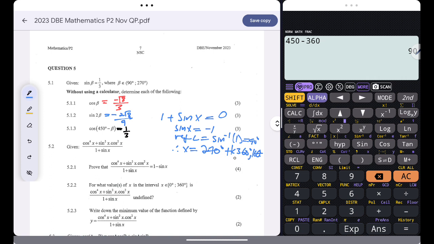That means I must substitute any integer values of k and then check whether it is within the restriction. I know that whenever I substitute 0 for k, I will get an answer whereby x is equal to 270 degrees. And this will be the only answer.